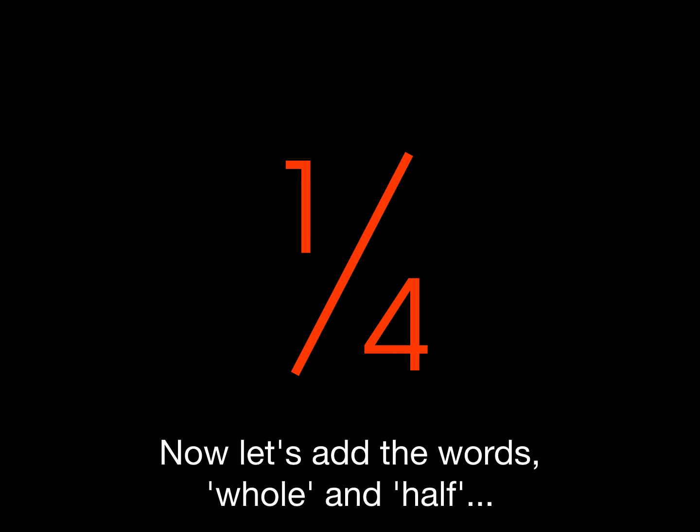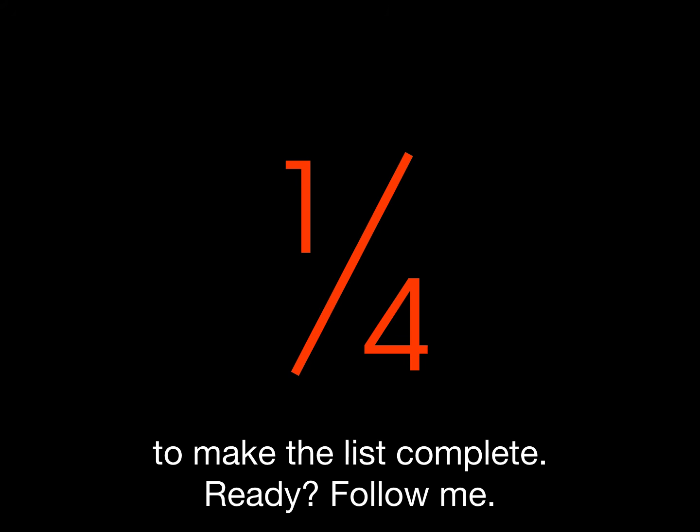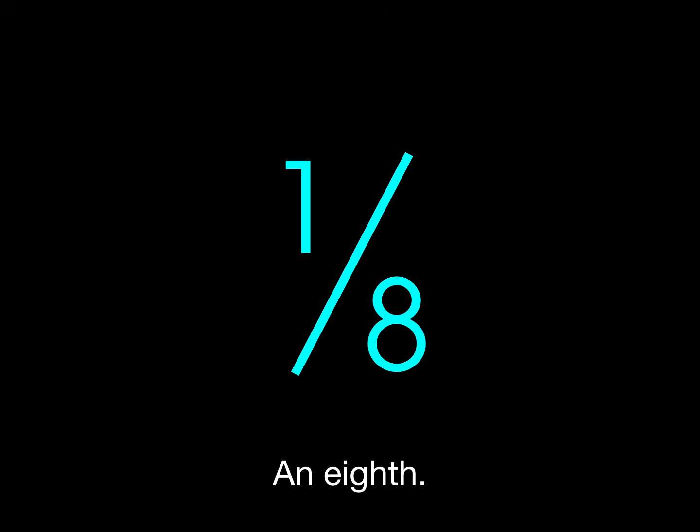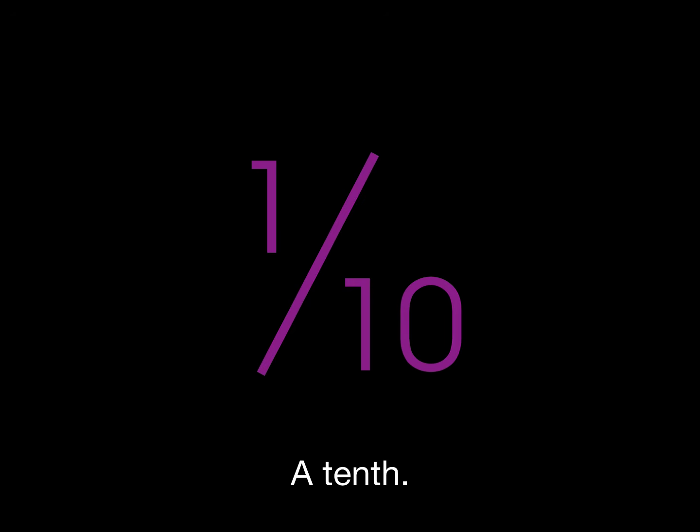Now, let's add the words whole and half to make the list complete. Ready? Follow me. A whole, a half, a third, a fourth, a fifth, a sixth, a seventh, an eighth, a ninth, a tenth.